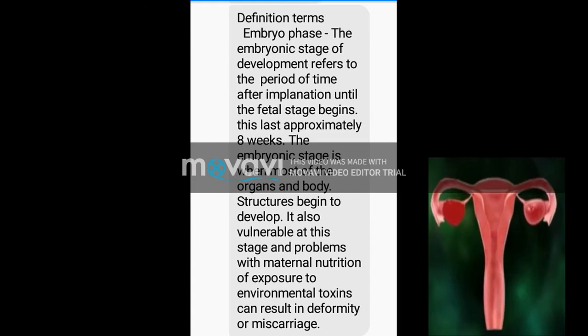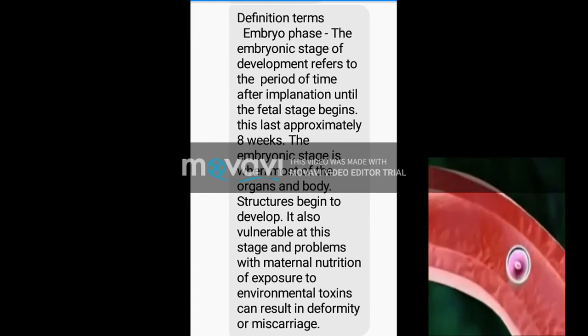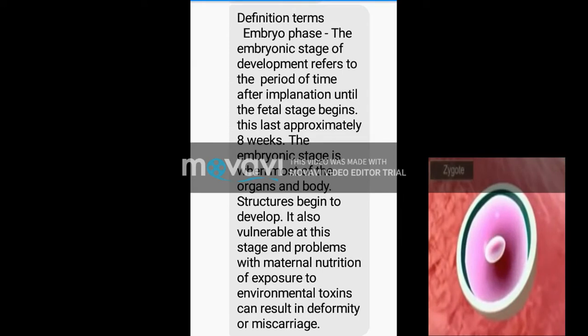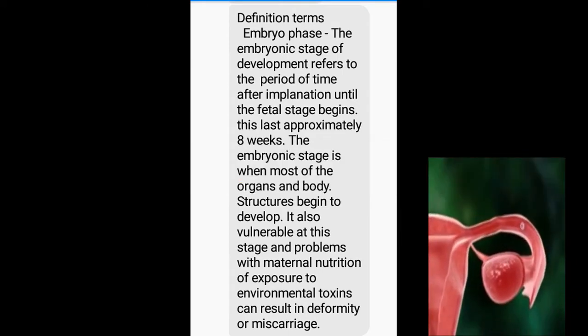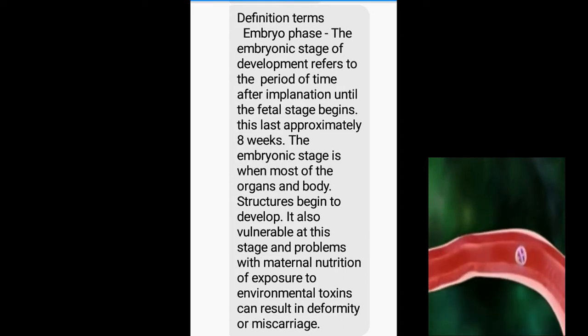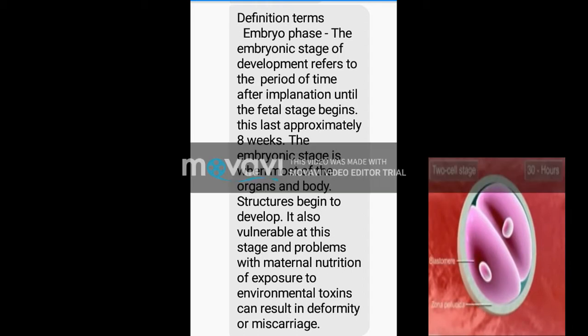Embryo phase. The embryonic stage of development refers to the period of time after implantation until the fetal stage begins. This lasts approximately 8 weeks. The embryonic stage is when most of the organs and body structures begin to develop. It is also vulnerable at this stage to problems with maternal nutrition.